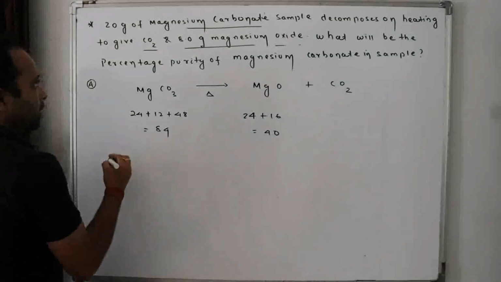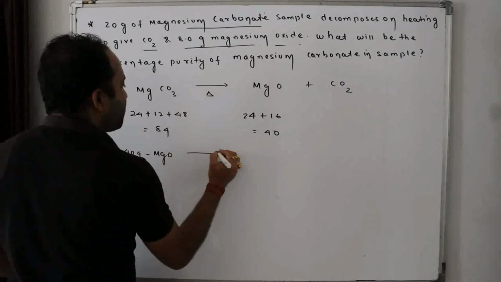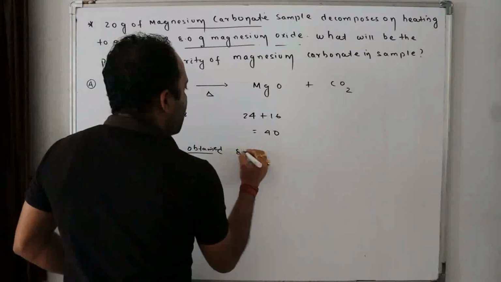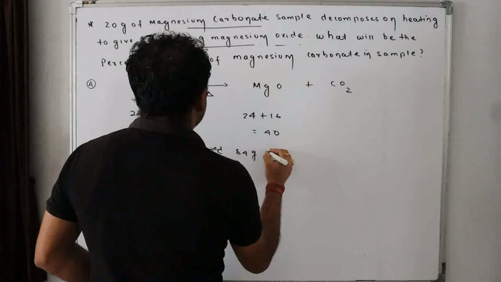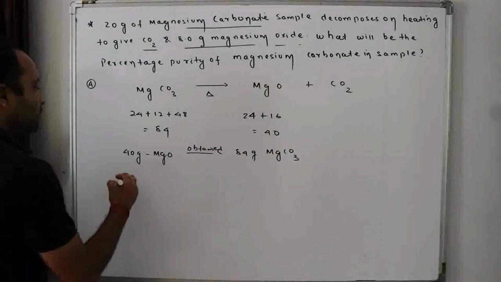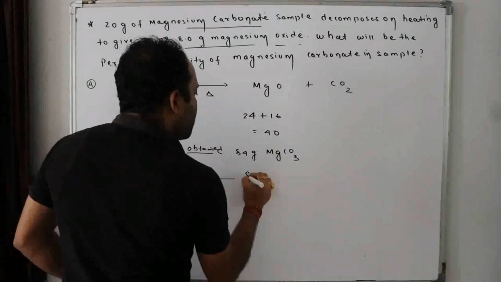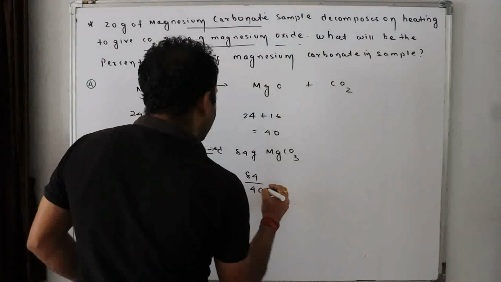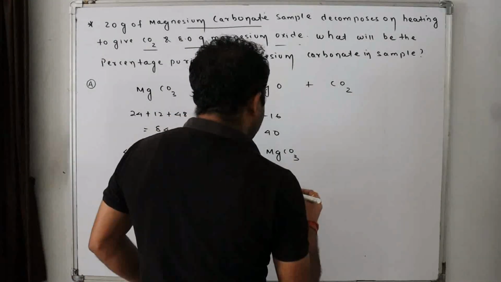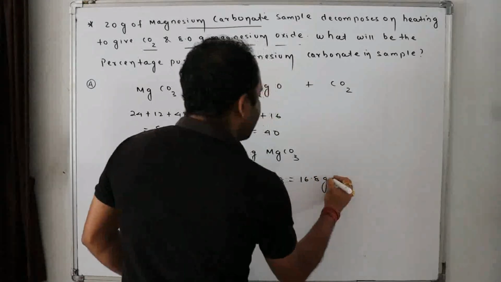Now we found that 40 gram magnesium oxide is obtained from 84 gram magnesium carbonate. Okay. Now 8 gram MgO will be obtained from 84 by 40 into 8. Okay? Will be approximately 16.8 grams.